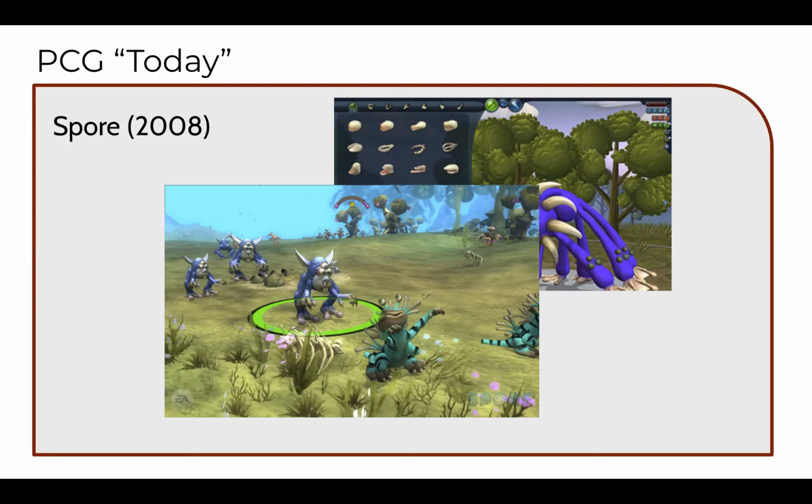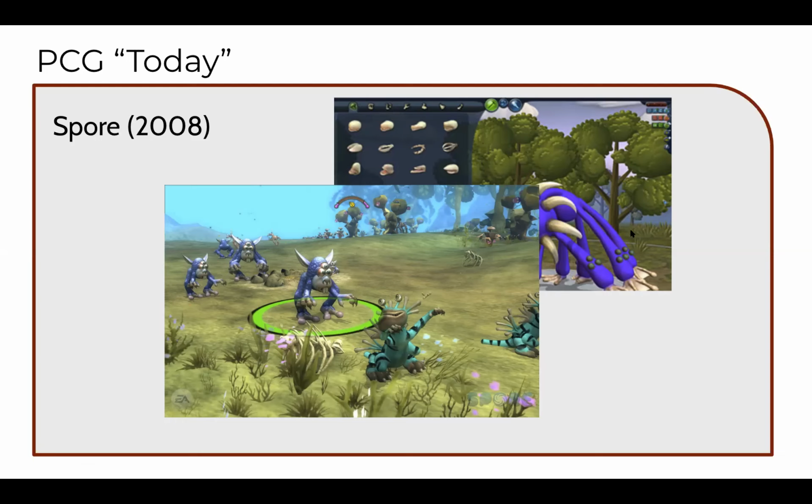and generate life from the early forms, like single-celled organisms, and just evolve the whole tree of life from there, and have the terrain and interactions between different species, and flora and fauna and all of that, be procedurally generated.